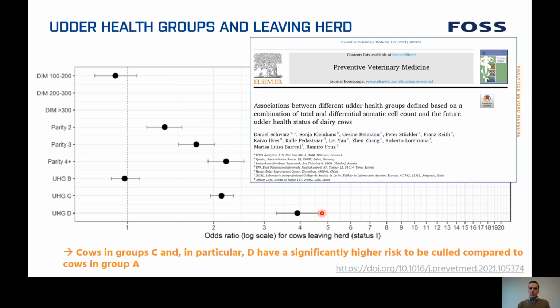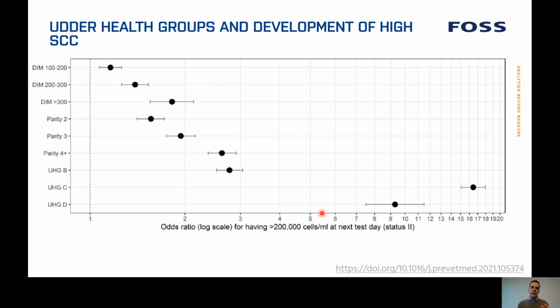This has also been published in Preventive Veterinary Medicine, and I suppose the somewhat more interesting part is what are the odds for cows having somatic cell count above 200,000 cells per milliliter at the next test day.